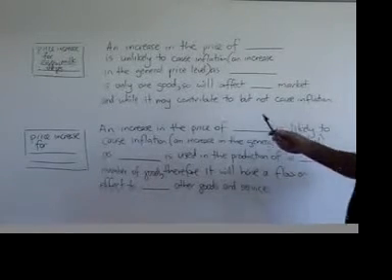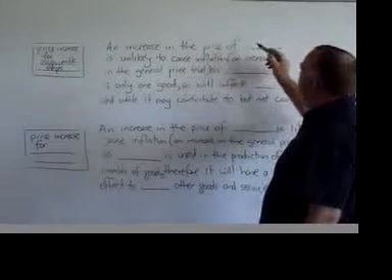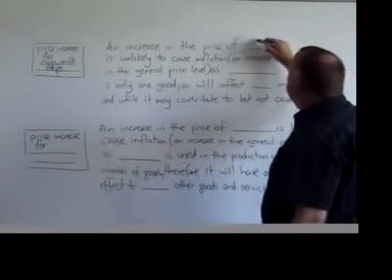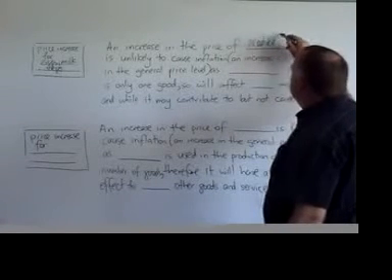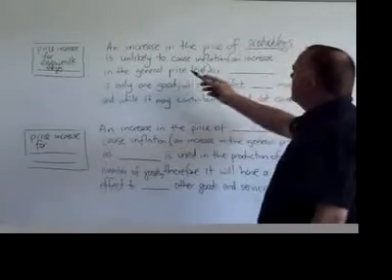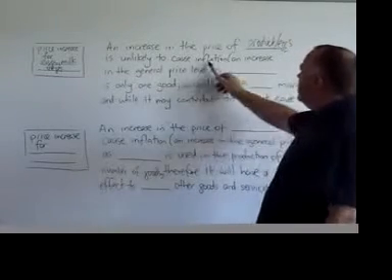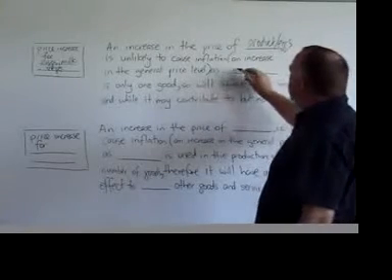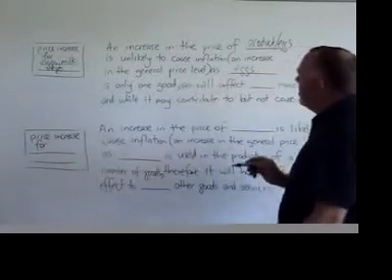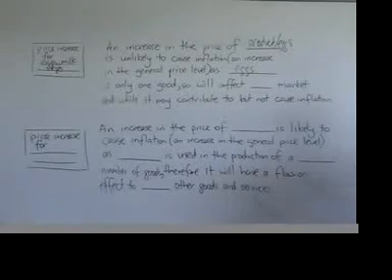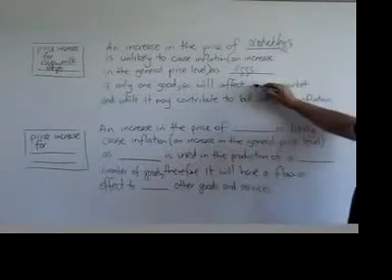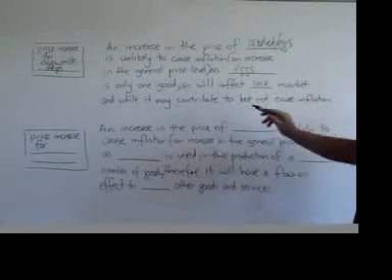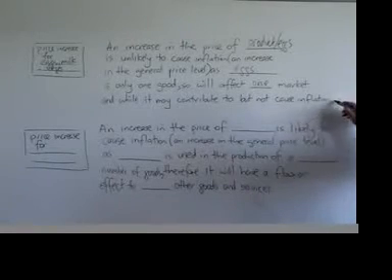So what we say is an increase in the price of, and we name our product, say eggs, is unlikely to cause inflation, and we state what that inflation is, an increase in the general price level, as eggs is our example. There's only one good, so it will only affect one market. It may contribute to but not cause inflation.